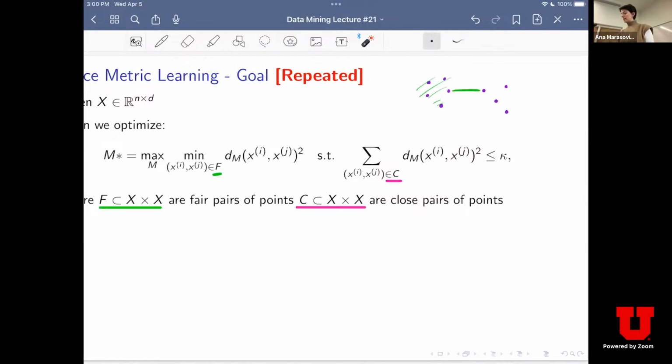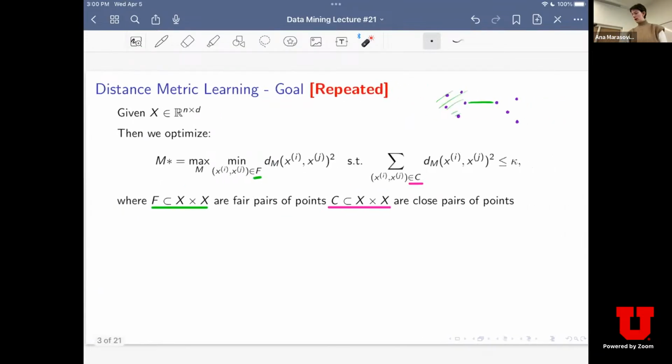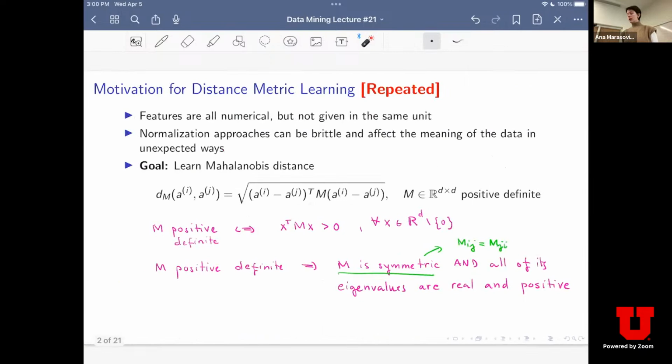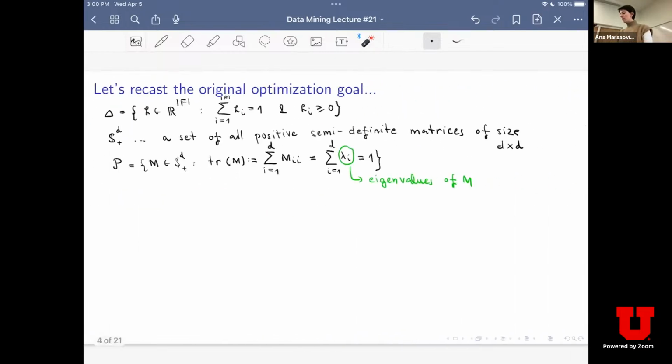So if we choose matrix M to define our Mahalanobis distance, then the sum of distances under that matrix M for close points is going to be smaller than 1 if we set M to be a positive semi-definite matrix whose trace is 1. So that's why we are now imposing the trace to be 1.